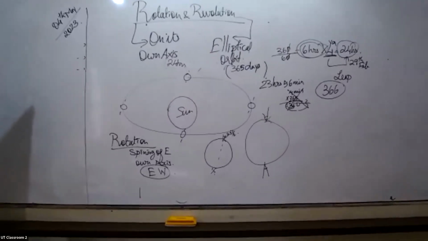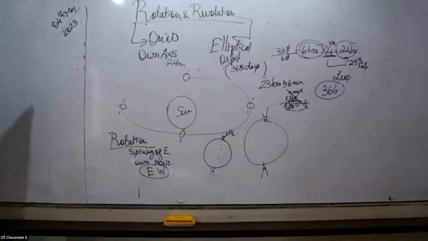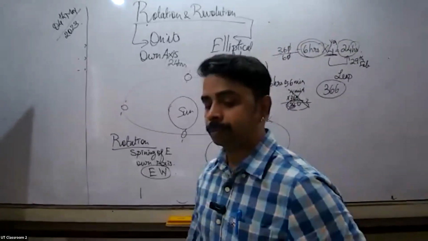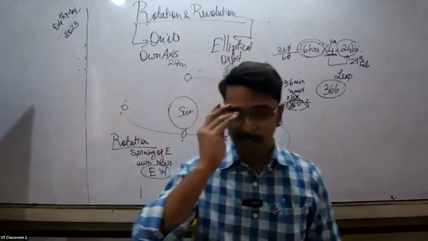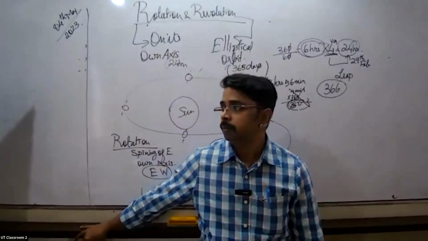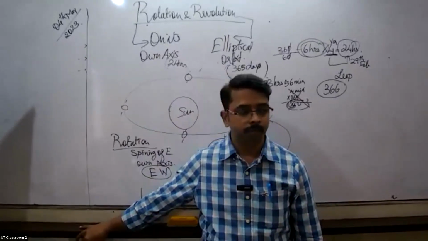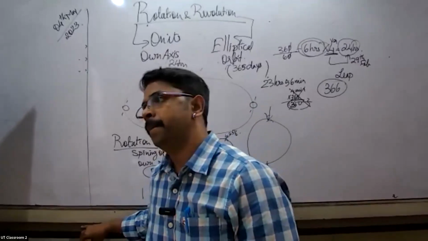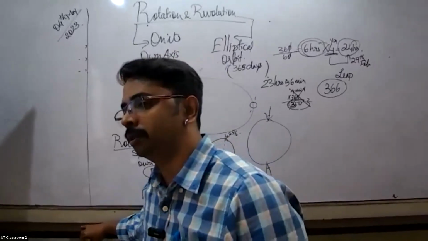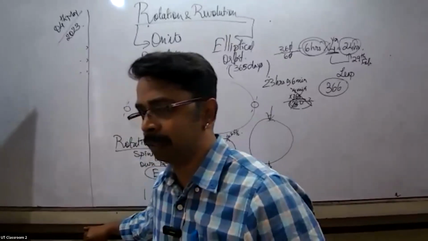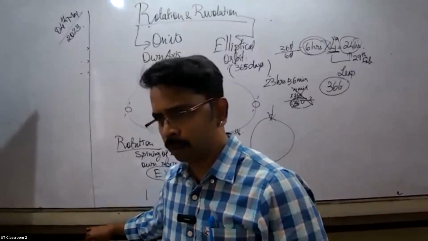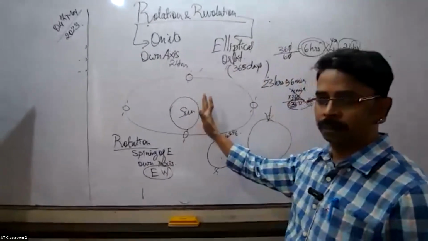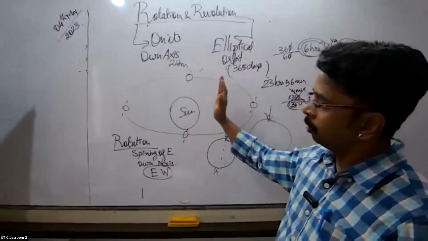This happens. The Earth's rotation. Now, if I say, sir, if there is no rotation, the immediate effect will be on day and night. You understand? That side of the earth which is facing the sun, for example, this is facing the sun, will always have daytime.